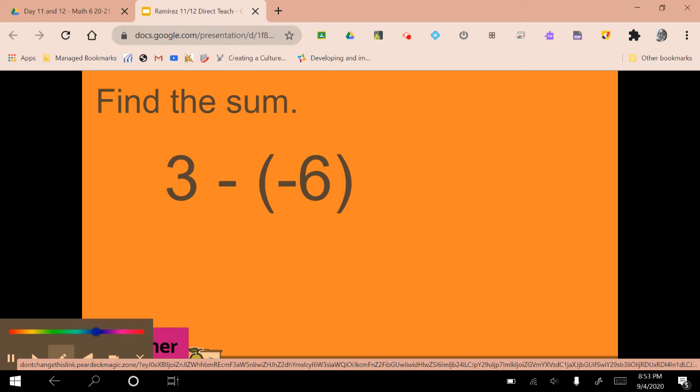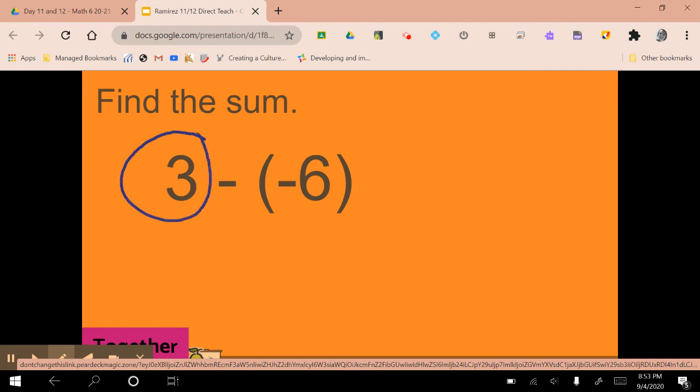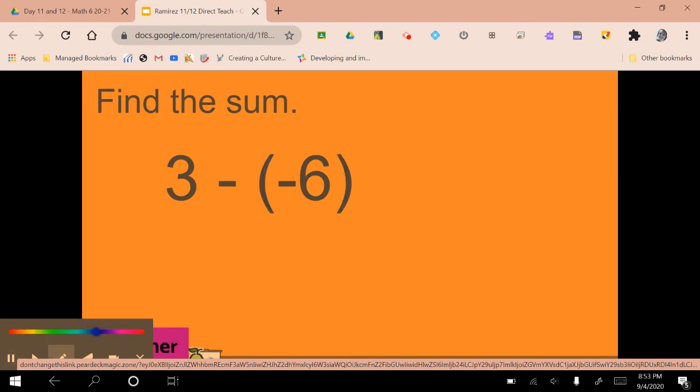Let's practice working with some integers. This one says to find the sum. First, what I'm going to do is circle my two numbers and whatever sign is in front of them. I have 3 and -6. Find the sum. 3 minus -6.